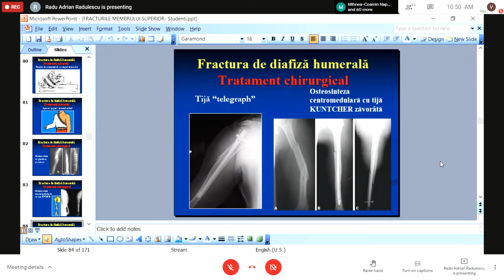The closed reduction and fixation with the locked nail is the gold standard for surgical treatment of these fractures.